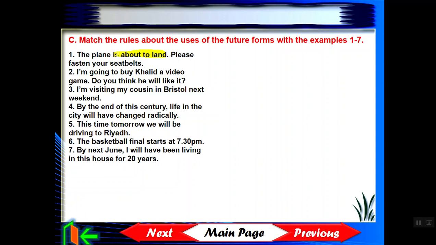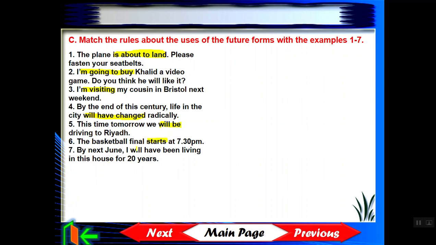And number 2, I'm going to buy. And number 3, I'm visiting. And here the verb will have changed. Number 5, will be. Number 6, starts.